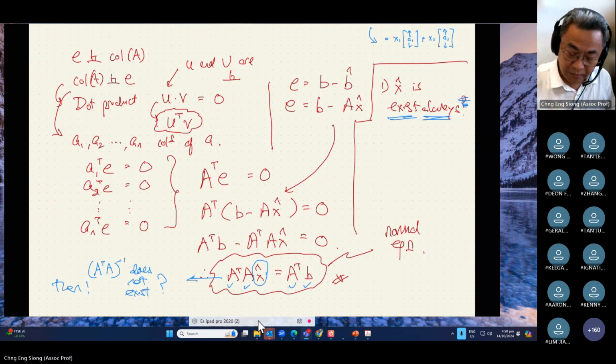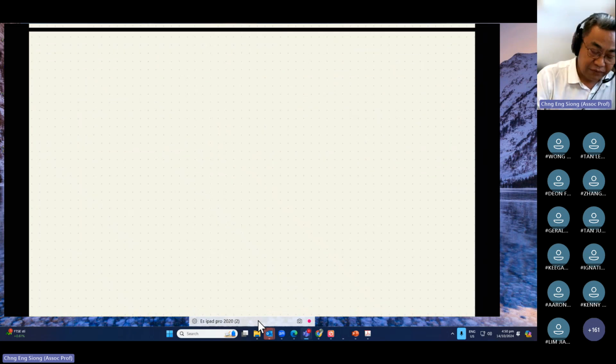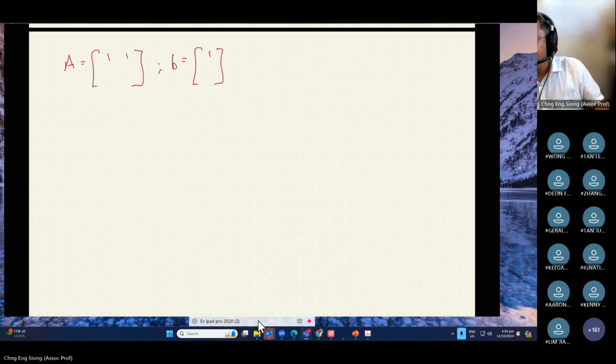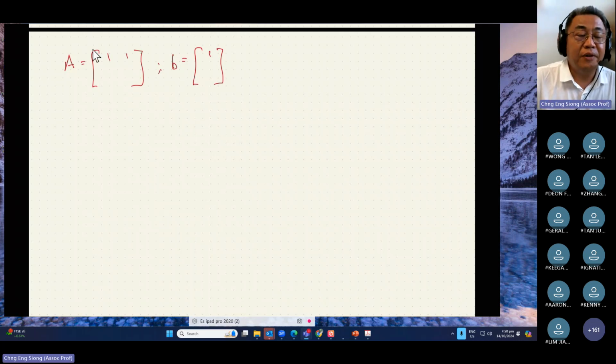Let's have a simple example first to convince you. A equals 1, 1. B equals 1. All right, guys, let's play with this. I have given you one equation.